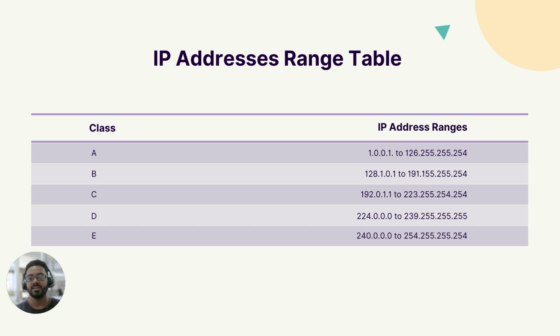Now, there are some guidelines to how IP addresses can appear. The 4 numbers must be between 0 and 255, and the IP addresses 0.0.0.0 and 255.255.255.255 are reserved and are not considered usable IP addresses.